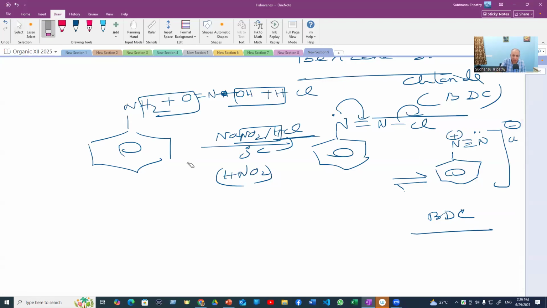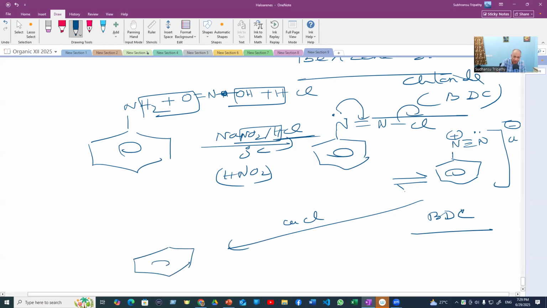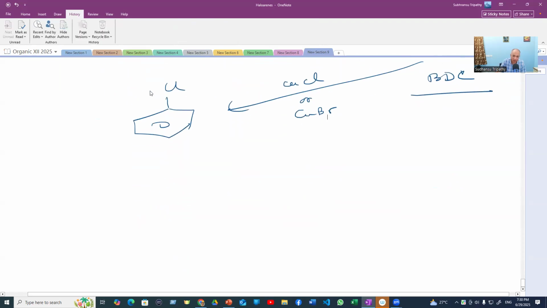So here you have to perform Sandmeyer's reaction. If you take cuprous chloride, the chloride ion will go and carry out SN1. Here SN1 happens. Nitrogen will go; if this bond breaks, nitrogen will go and chlorine will come. If it is CuBr, then instead of chlorobenzene, this will give you bromobenzene.